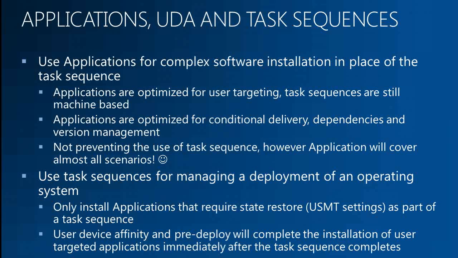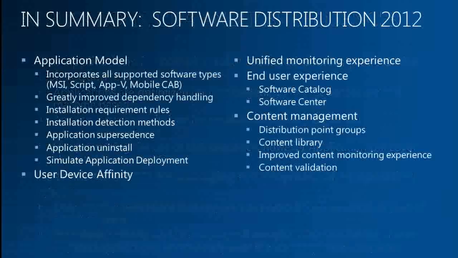You would deploy these apps to the group of users, flatten your box, run the task sequence on it, the OS gets laid onto the machine, and then it gets handed off, and then we'll pre-deploy those user-required apps. You would use the pre-deployment feature here, because the user's not logged in while the task sequence just got done. So we would pre-deploy those apps and then hand it over to the user to do his normal thing. That is his job.